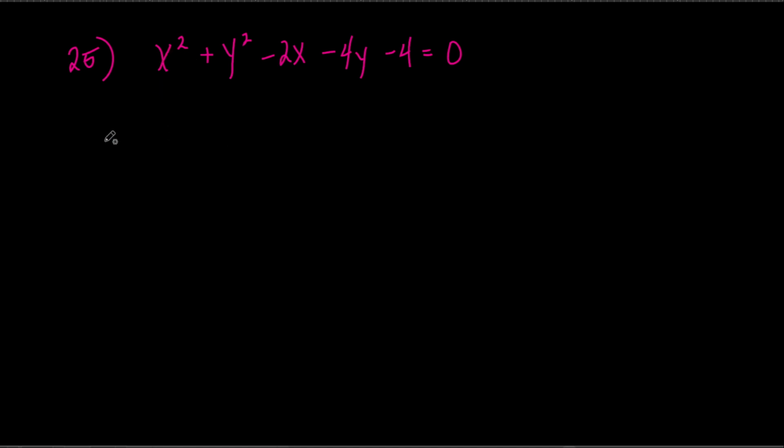I'm going to take the x's and put them together. See that? I took the x squared and the 2x, I put them next to each other like this. All right? I'm just going to put them in parentheses. Actually, I'm going to put a space. I'll show you why in a second. I'm going to put a little space there. All right? And let's do the y's. So what are my y's? I got a y squared and I got a minus 4y.